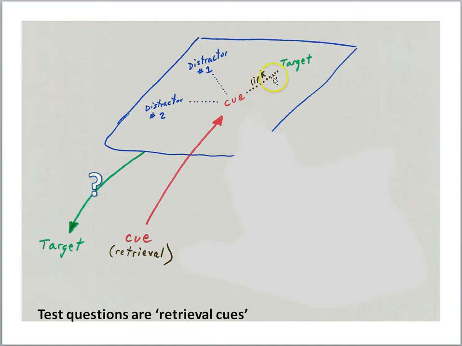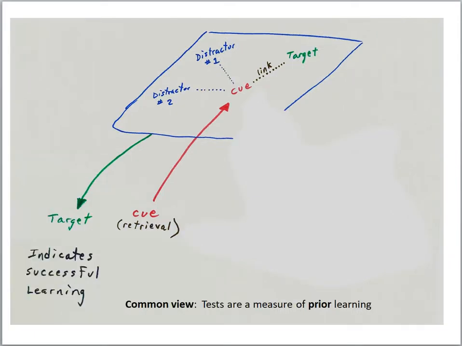If we have effectively learned the association between the cue and the target, then the test question as a cue should be able to activate the target, and then we retrieve the target. So notice what learning amounts to. Yes, during learning we set up these links, but we want the links to be there so that later other cues can reactivate the targets. The focus here is on retrieving information.